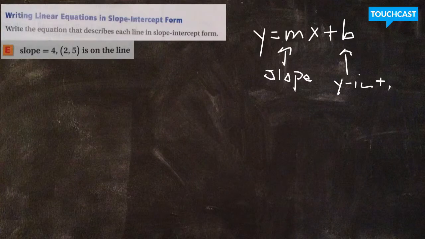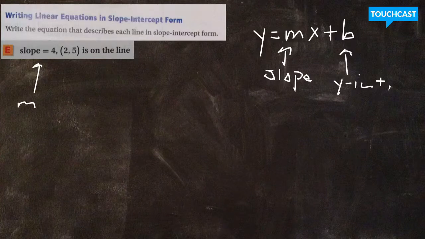So that's example 2d. Let's look at example 2e. So we're given a slope of +4, and it goes through the point (2, 5). So m is 4, it goes through (2, 5), but (2, 5) isn't the y-intercept. So we need to figure out what the y-intercept is. What we're going to start by doing is plugging what we know into the equation.